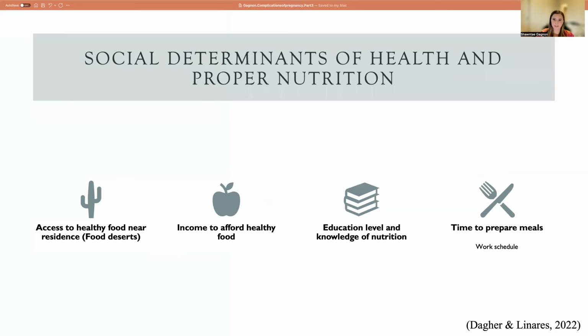Okay, so let's talk about some social determinants of health and how this might affect proper nutrition during pregnancy. So this article by Dagger and Linares, it's in the references, but it discusses social determinants of health that impact maternal and infant mortality rates in the United States. These social determinants of health were studied by a critical review of maternal and infant mortality literature.